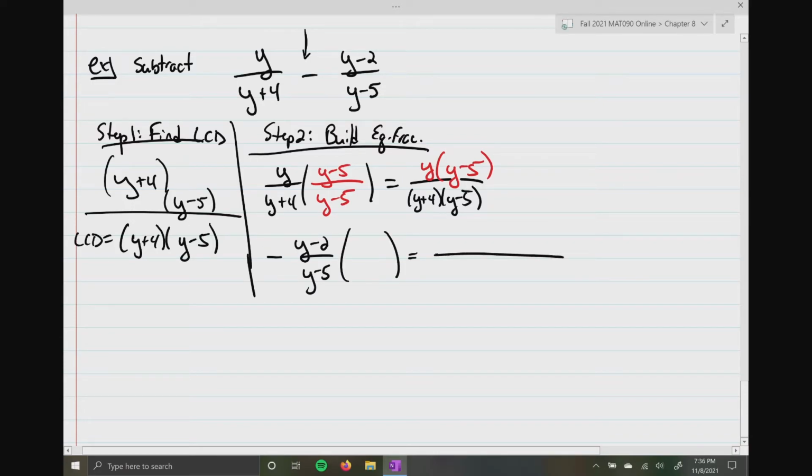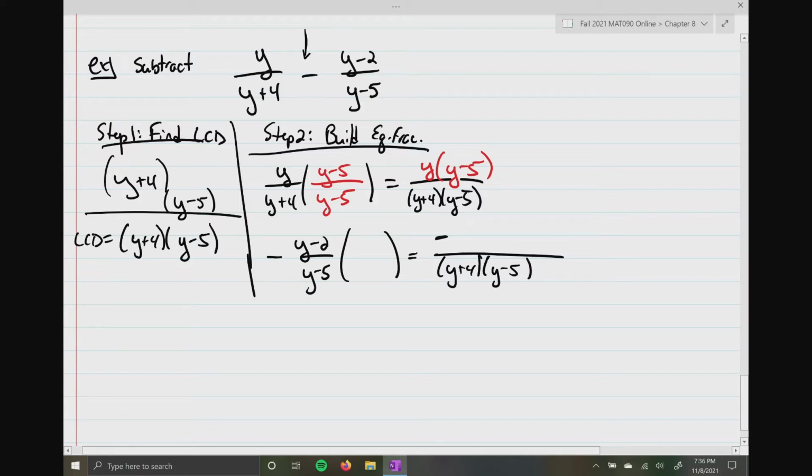And because there's a negative out front, I'm going to put it up in here in my numerator, okay? Now I know I want my denominator to look like y plus 4 times y minus 5.